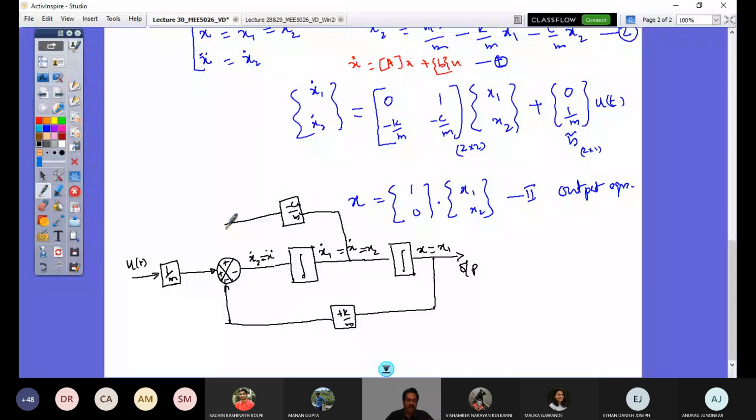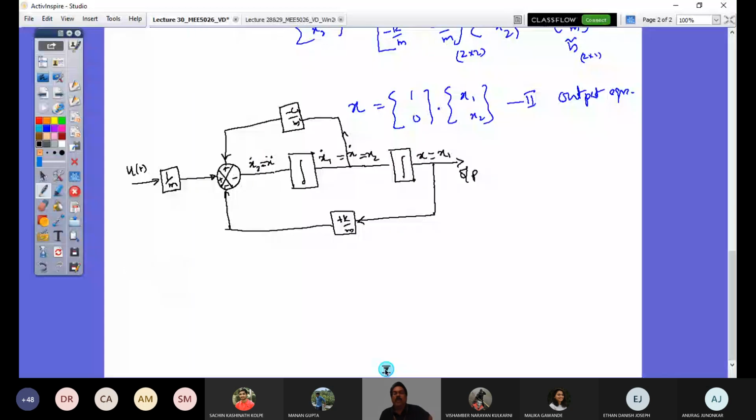So now this is my simple control system design for a second order system to get an output, right? This is the control system block diagram.